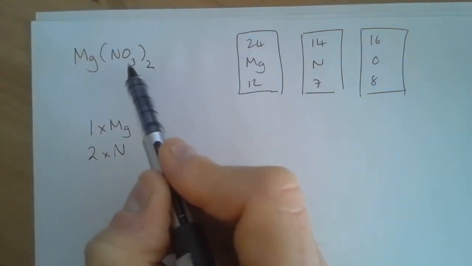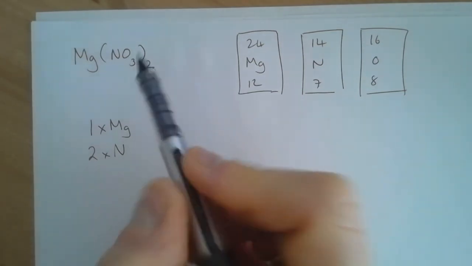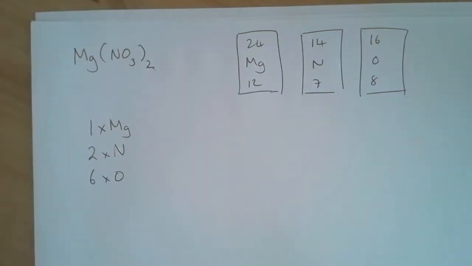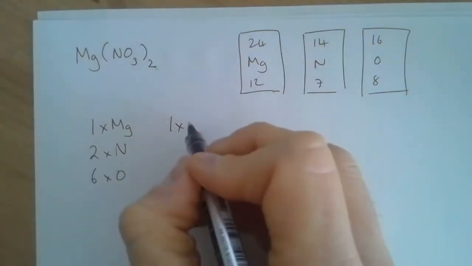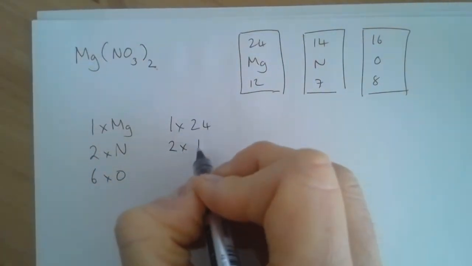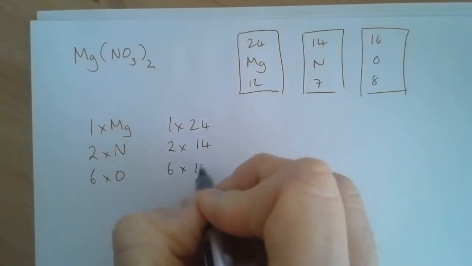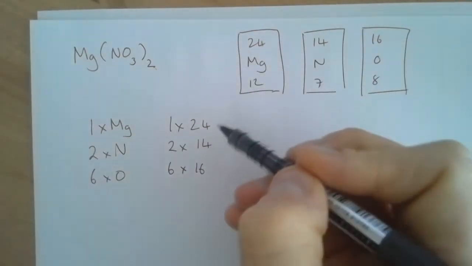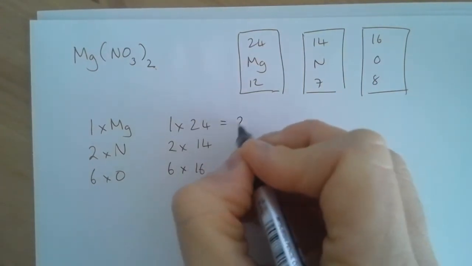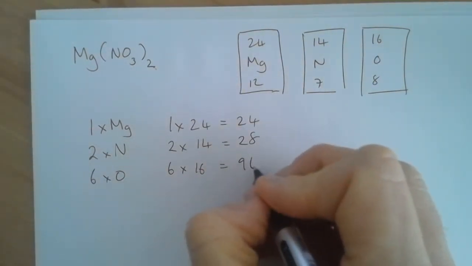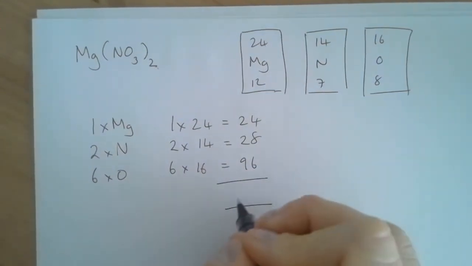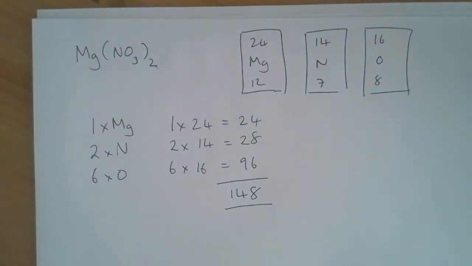There's 3 oxygens inside the bracket times 2 means there's 6 oxygens. Let's replace the elements with their masses. So 24, 14 and 16, and then do the calculation here. And then if we add all of these up, we get to 148.